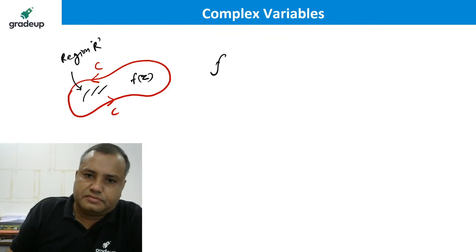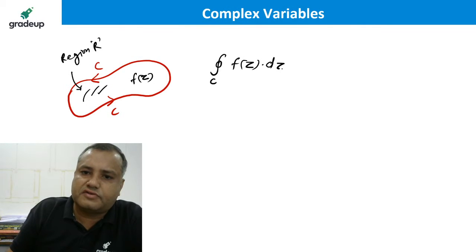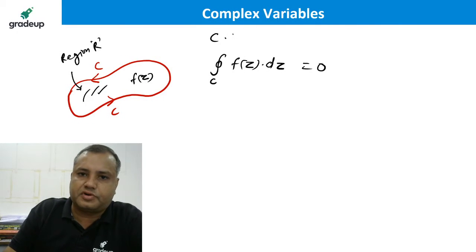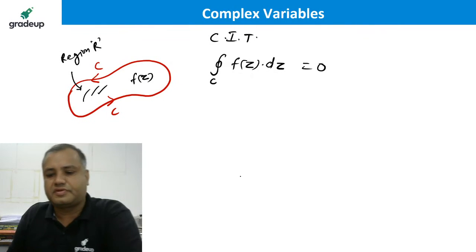Then closed loop integral of f of z over this curve C will be 0 according to Cauchy's integral theorem.